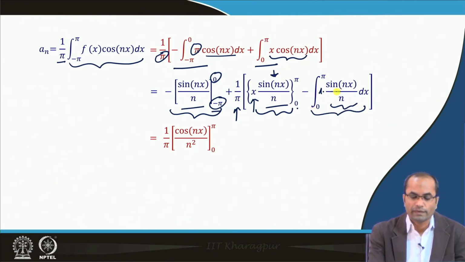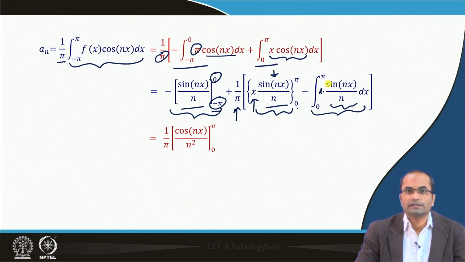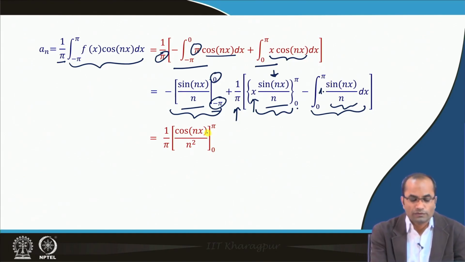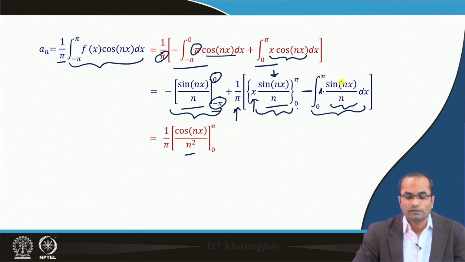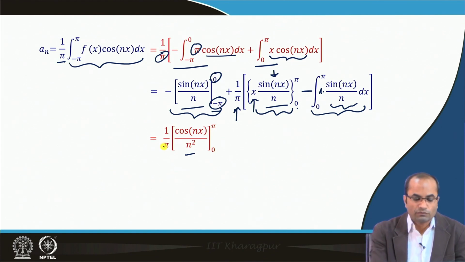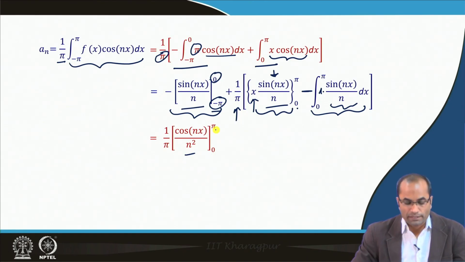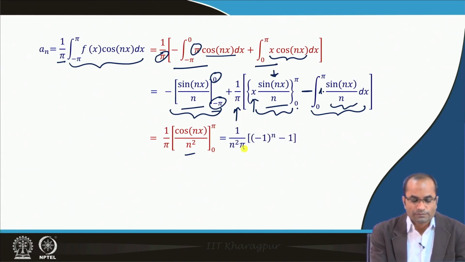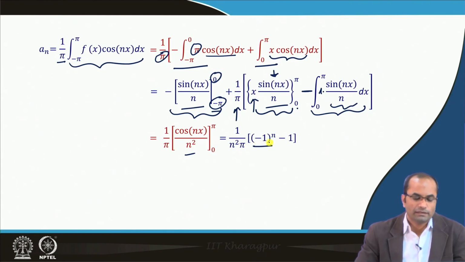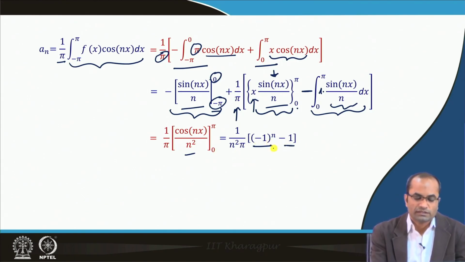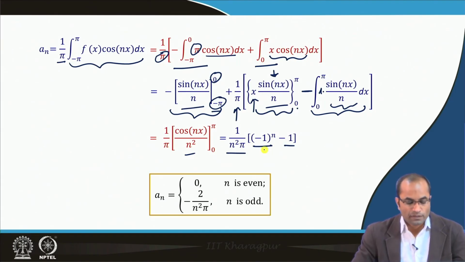So, we have 1 over pi, and this sin n x will be integrated to get cos. So, we have cos n x over n square from 0 to pi, and this minus is adjusted for the integral of sin n x. So, we have 1 over pi times cos n x over n square from 0 to pi. Substituting these limits, we have cos n pi, which is minus 1 power n, minus cos 0, that is 1, and then 1 over n square pi is sitting outside.